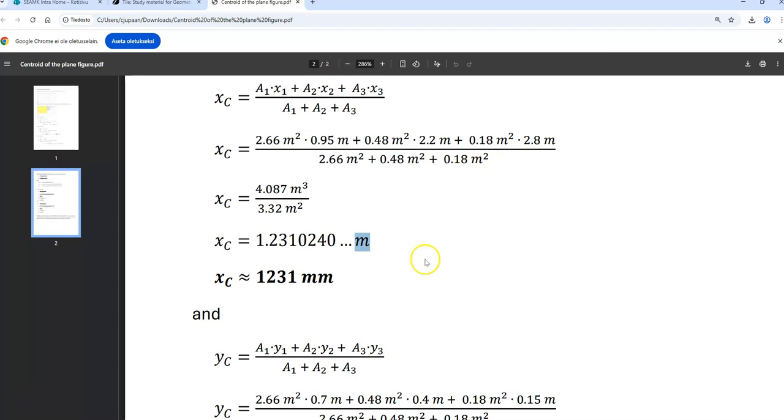So that means the unit of the coordinate is meter, and it is quite reasonable to think that it is the correct unit for the coordinate.